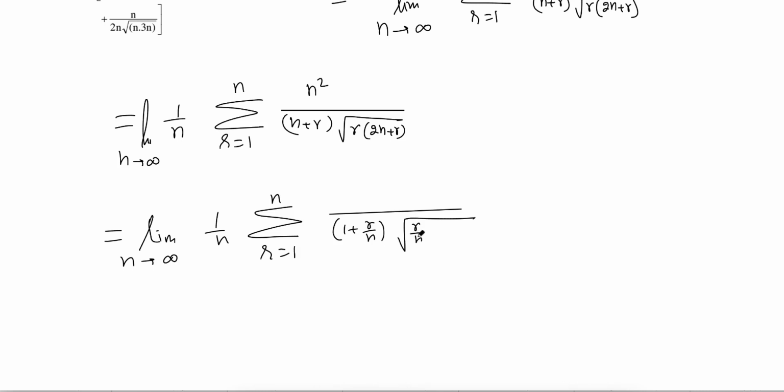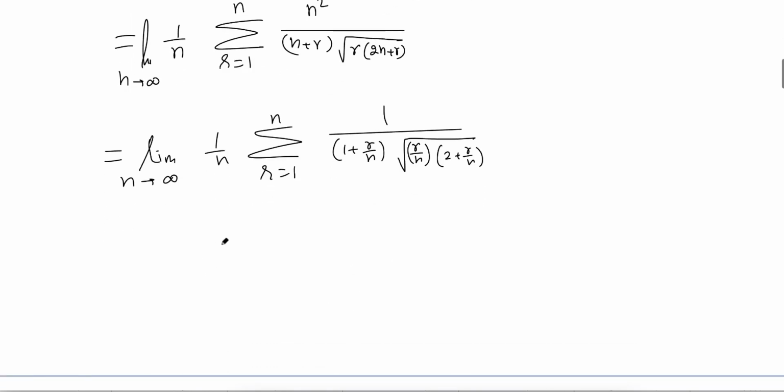So r by n into n divided here, so 2 plus r by n, and here 1. Finish. R by n equal to x. So this will become integral 0 to 1 dx divided by 1 plus x into root of x into 2 plus x.